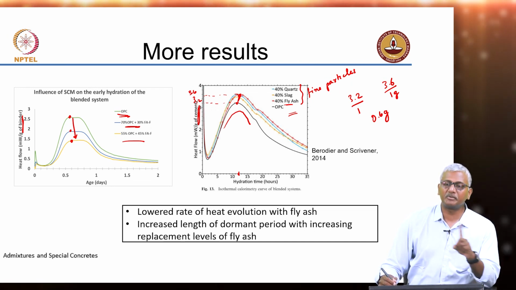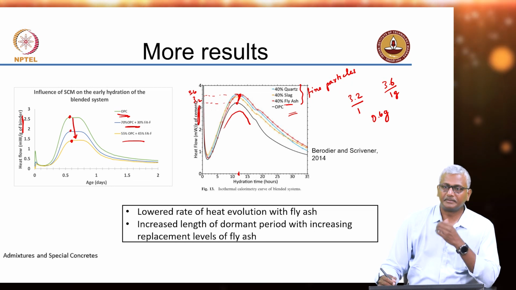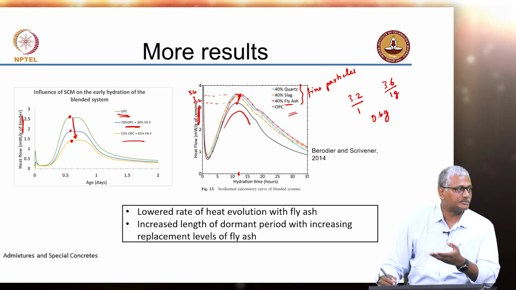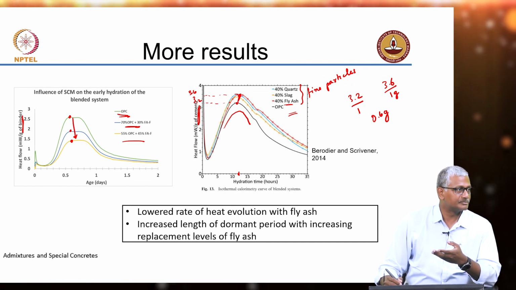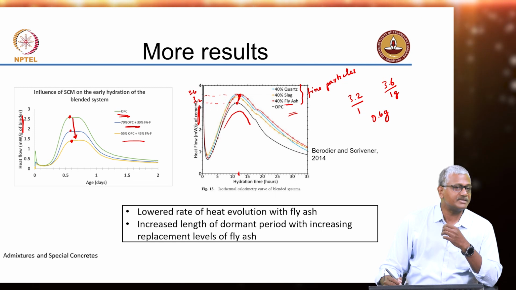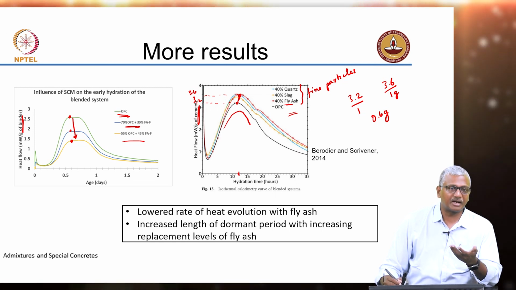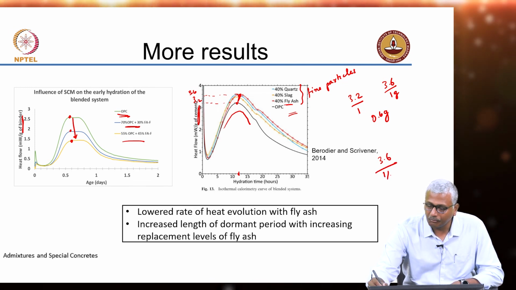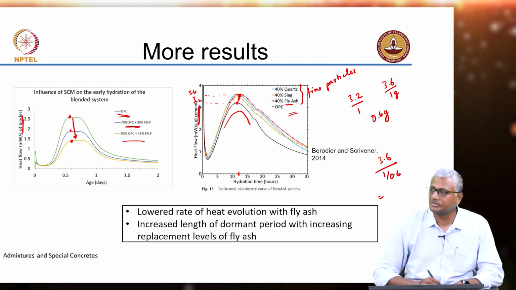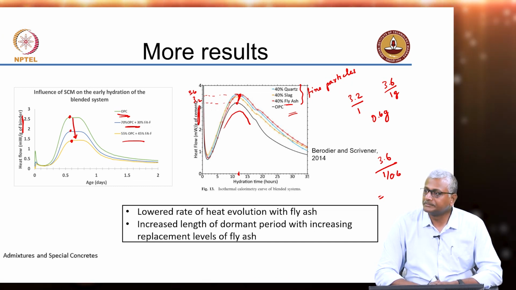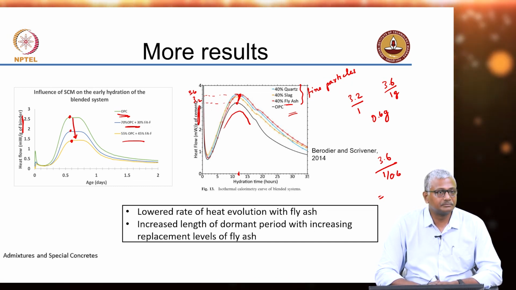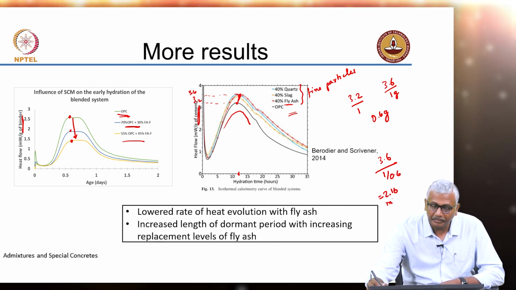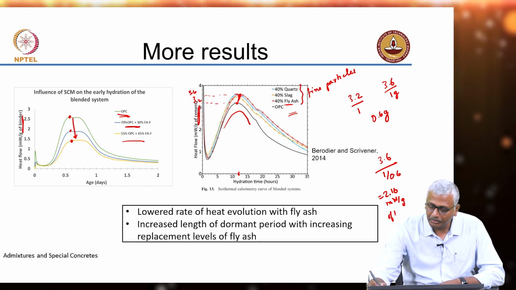So, 1 gram of cement is how many grams of binder? Cement is 60% of the binder, no? So, 1 by 0.6 will be the number of grams of binder available. So, actual heat rate will be 3.6 divided by 1 by 0.6, that is how much? Only 2.16 milliwatts per gram of binder.